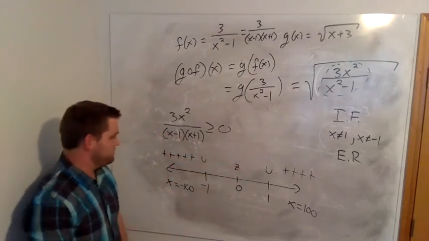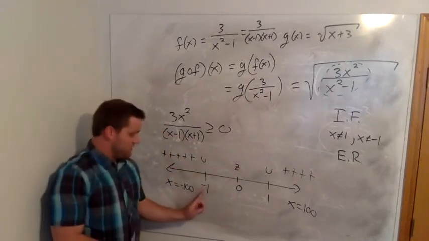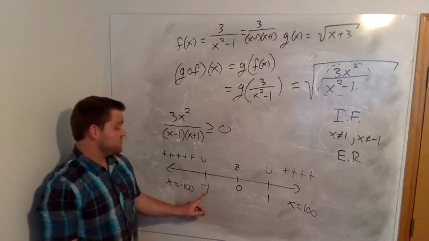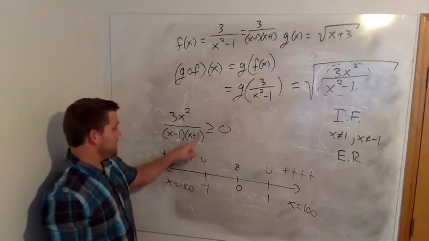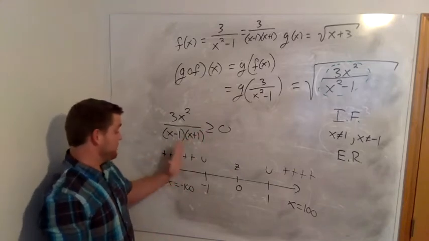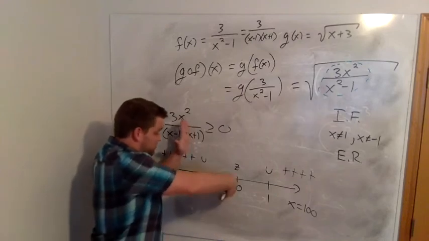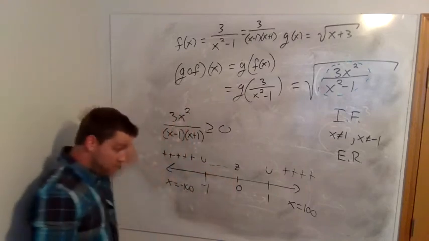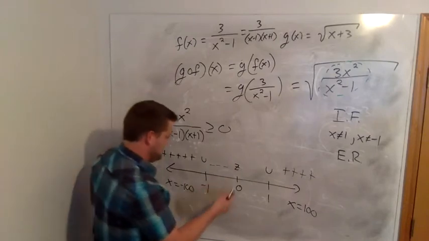We could use our tricks of how rational functions behave to figure out the behavior here without checking any points. Notice here I could think about the multiplicity of the vertical asymptote x equals negative 1. Well, it has a multiplicity of 1, so it has opposite action. So if it's approaching this way, it's going to be approaching down on the other side. So it should be negative here. Again, if you don't like that argument, we could test a point.